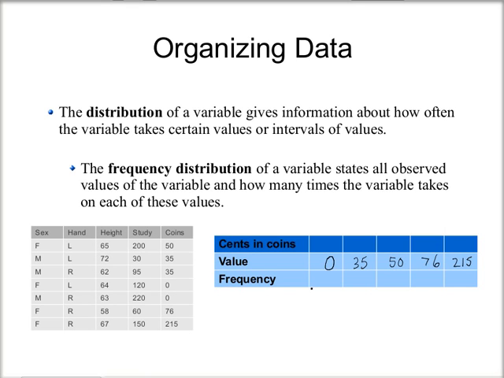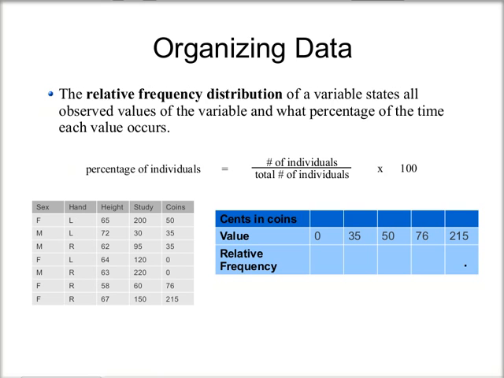So I see 2 zeros, so that frequency will be 2. 35 occurs 2 times, so that frequency is 2. There's 1 each of 50, 76, and 215. So that fills in my frequency distribution chart. So now it's a little more nicely organized. I can see what all my values are in increasing order and how many times that value occurs in the chart.